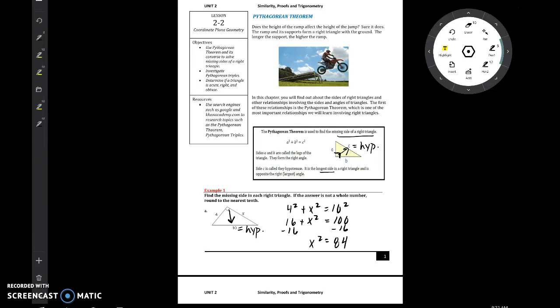And 84 is not a perfect square, so taking the square root of both sides, we get x is equal to, to the nearest tenth, we would round that to 9.2.